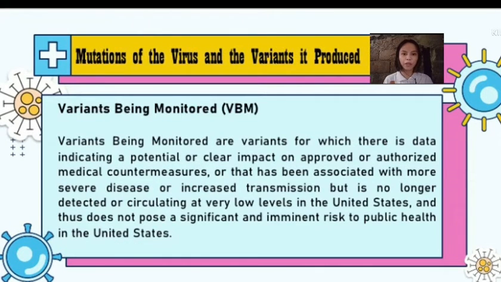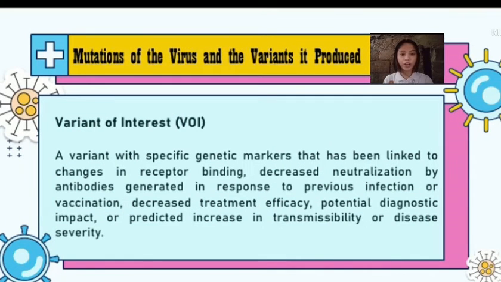So, what do we mean by variant being monitored? These are variants for which there is data indicating a potential or clear impact on approved or authorized medical countermeasures. And when we say variant of interest, it has specific genetic markers that have been linked to changes in receptor binding, and decreased neutralization by antibodies generated in response to previous infection or vaccination.